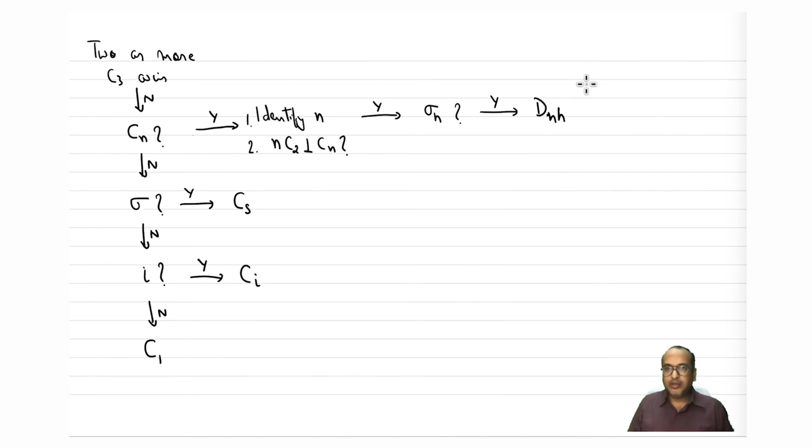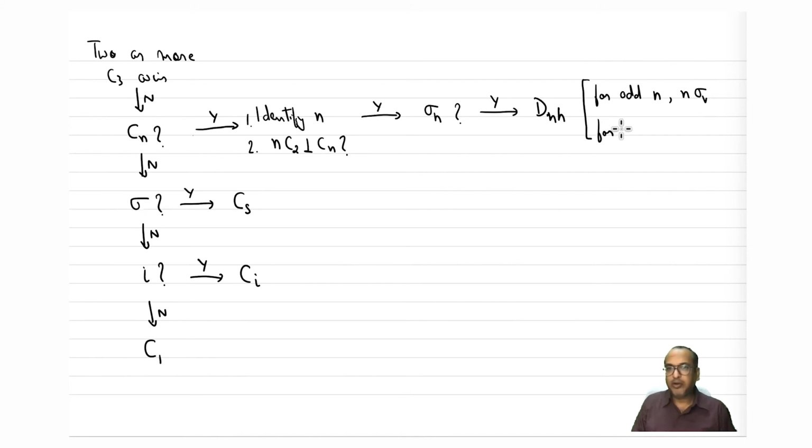Now this has a special case for odd n. If n is odd, there are n sigma v's. Of course there is one sigma h, and then n sigma v's are present.